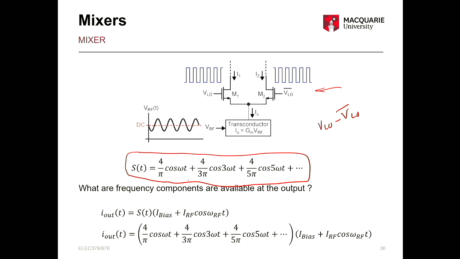So that is 4 divided by pi cos omega t plus the third harmonic plus the fifth harmonics and so on. And then the question is what frequency components are available at the output. So what you do, you know that this is a product of ST, which is this one. So the output is ST times the RF. Okay.